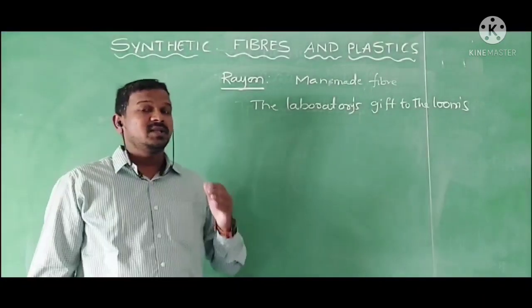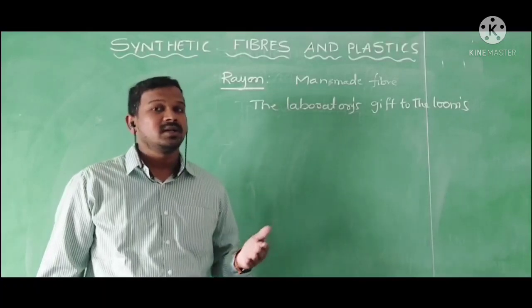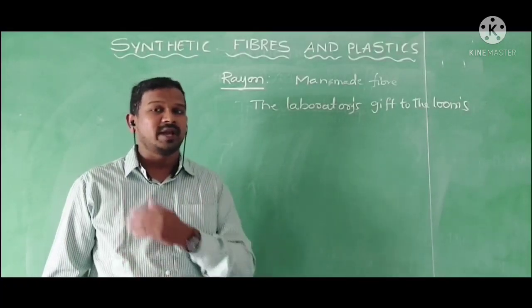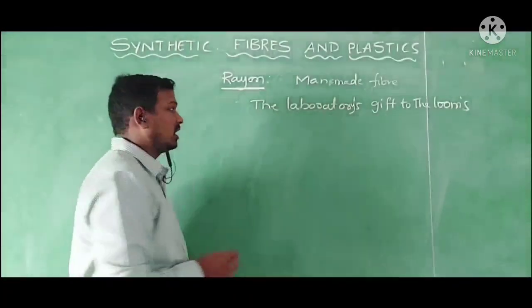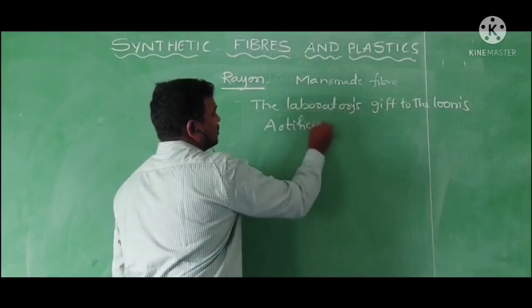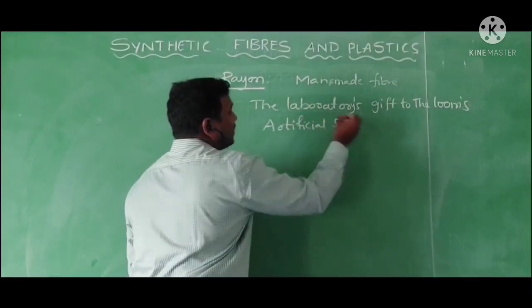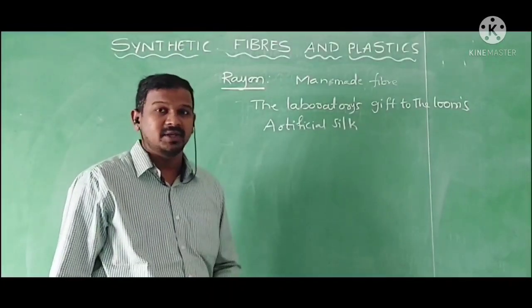But the secret behind the silk was guarded by China. Rayon is also called artificial silk. Why is it called artificial silk? There is a history behind it.